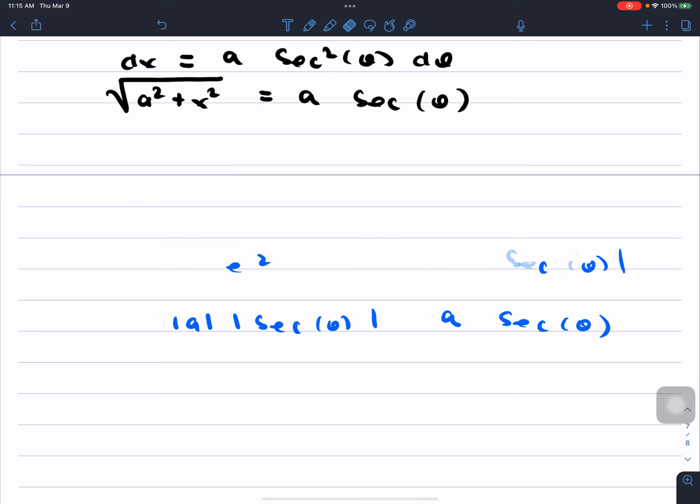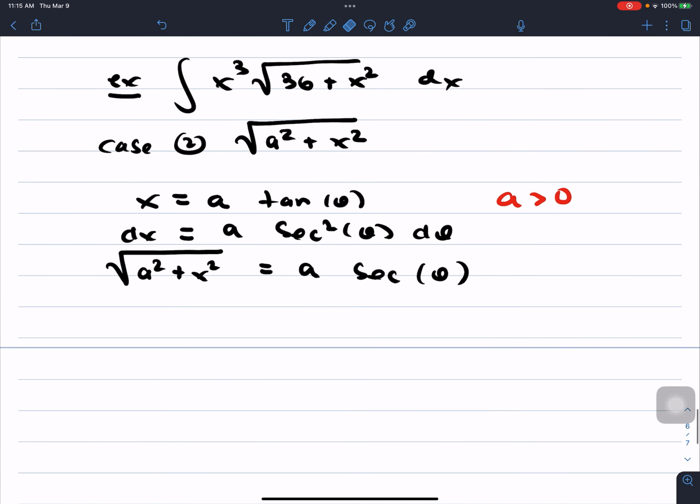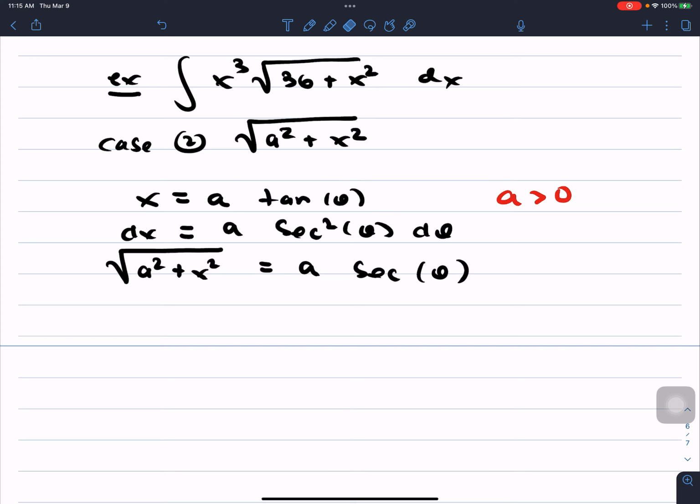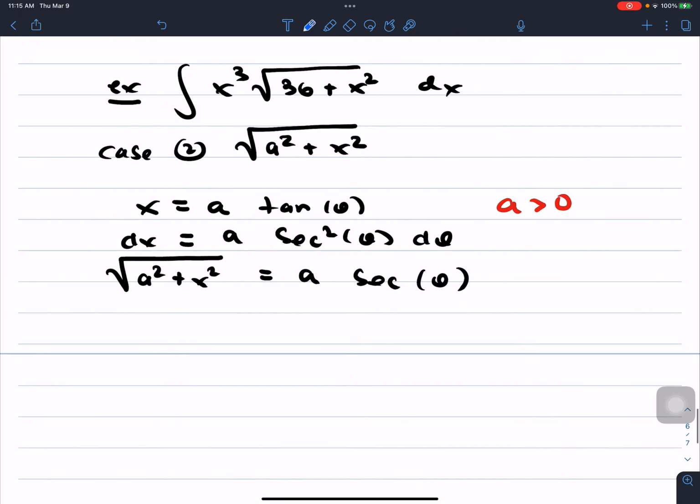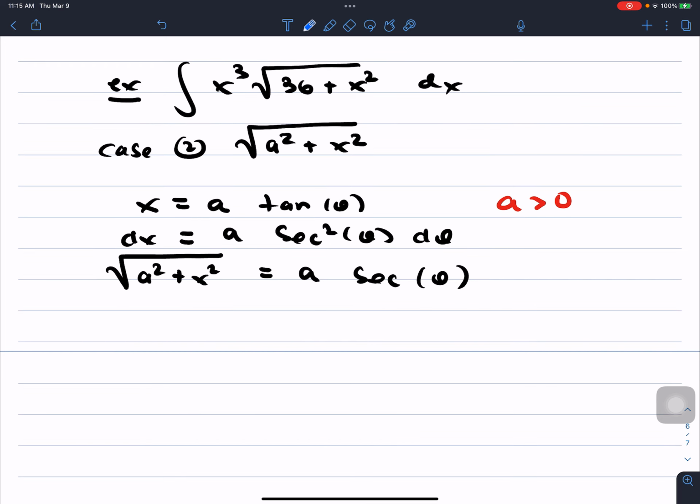Okay, so this is a case 2 trig substitution. I'm going to erase this all. So then you might say to me, well, how do we handle this? So what are we saying here?